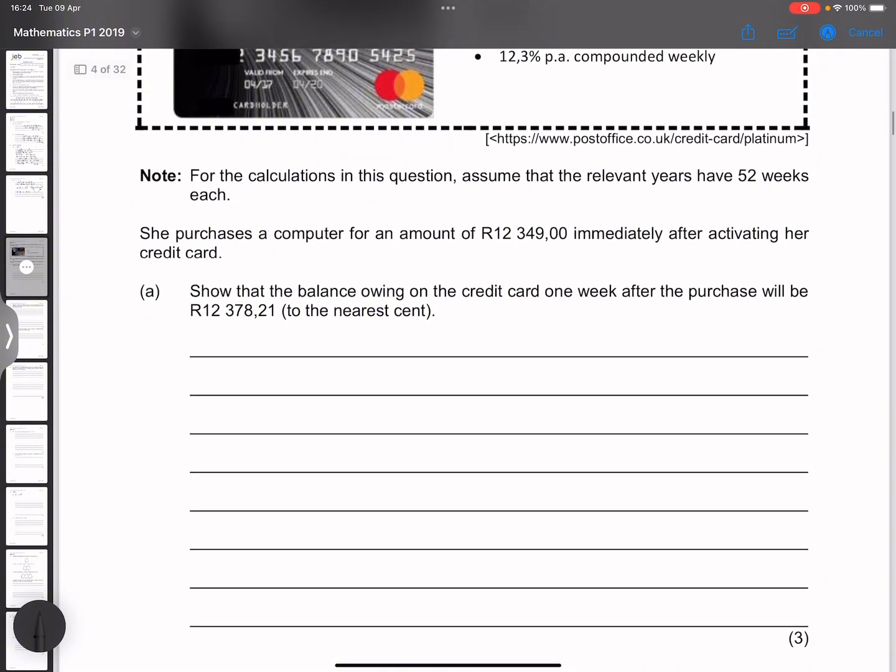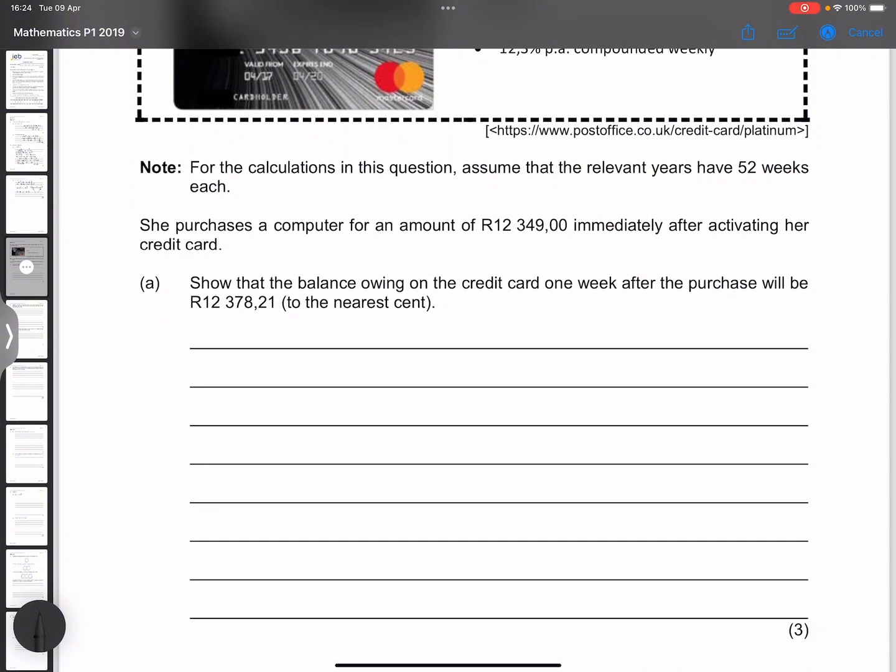12,378. Now, please note in this case, this is definitely going to be compound interest. So we're going to say the accumulated amount is equal to the principal amount times 1 plus i, to the exponent n. So we know that the computer costs 12,349, and this is 1 plus.